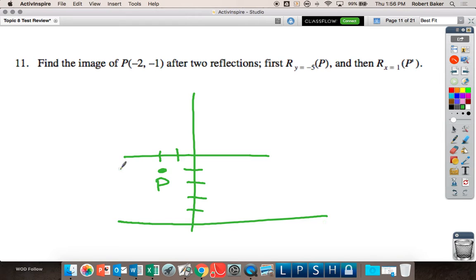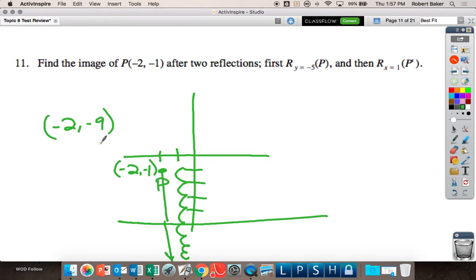So I have to go from -2, -1, down 1, 2, 3, 4. 1, 2, 3, 4. So I have to go down 8 units. It's 4 units from here to here, and another 4 units down to the bottom. So -2, -1 becomes -2, -9. That's after the first reflection.